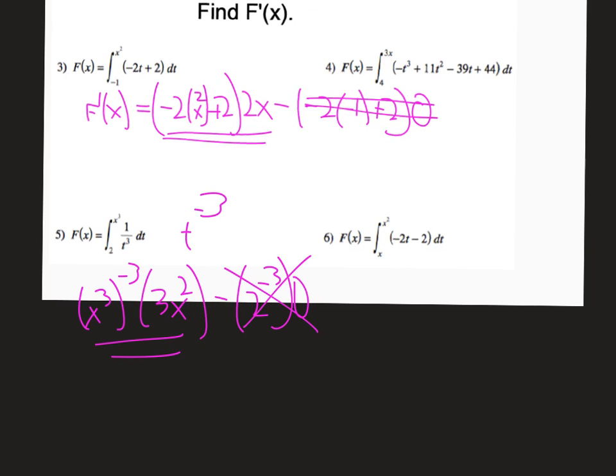And then for 6, it's going to be negative 2x squared minus 2 times 2x minus negative 2x minus 2 times 1. Got it. That's a crazy one. We're going to have to play with that. But I think I got some foundation pieces.